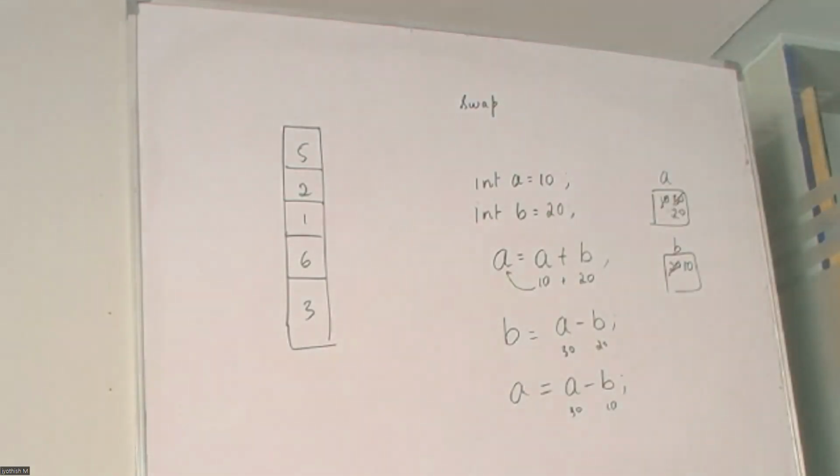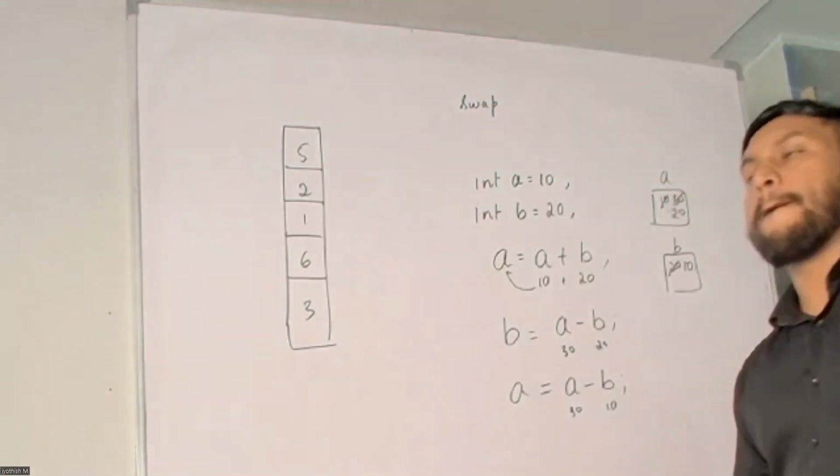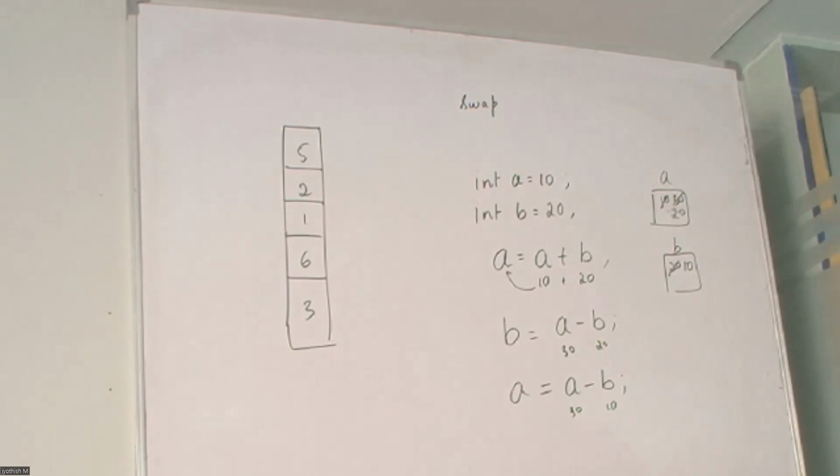So A is equals to A plus B, B is equals to A minus B, A is equals to A minus B. Make a note of it. Swapping without using temporary variable.